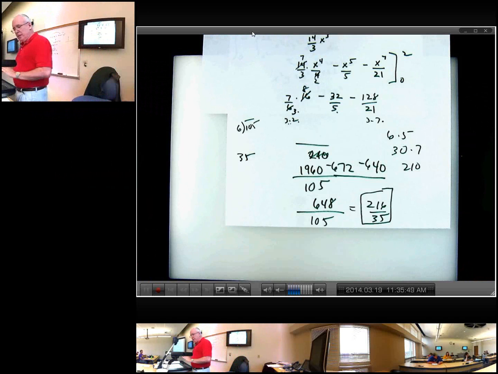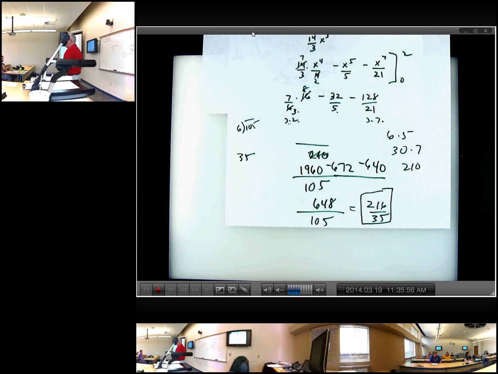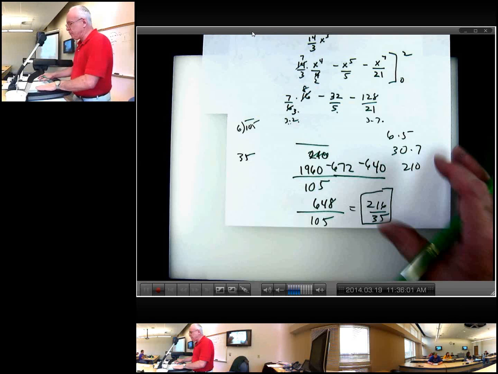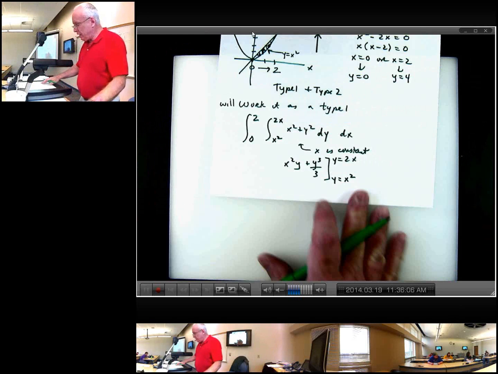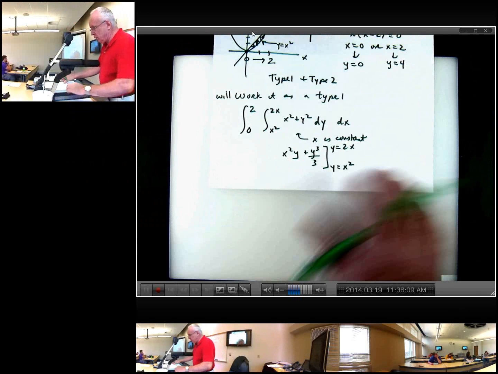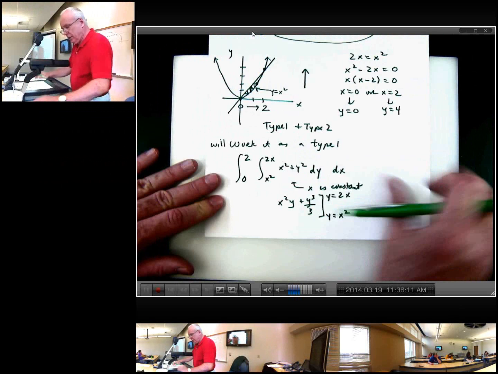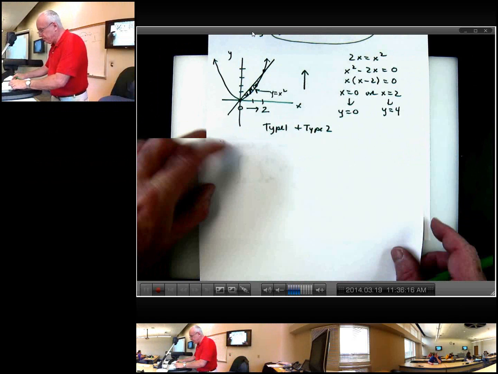Just one other thing I want to say. We set this up as a type 1, but we could have set it up as a type 2, and of course we would end up with the same answer. But let's just set it up as a type 2. We're certainly not going to go through the whole thing. But here is the original drawing, and let's say we want to work with this as a type 2.